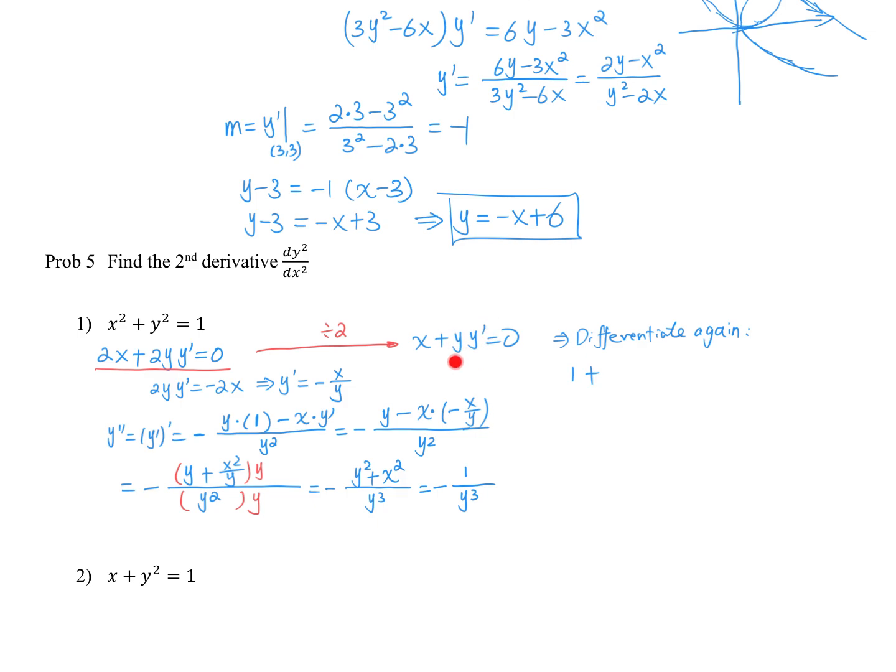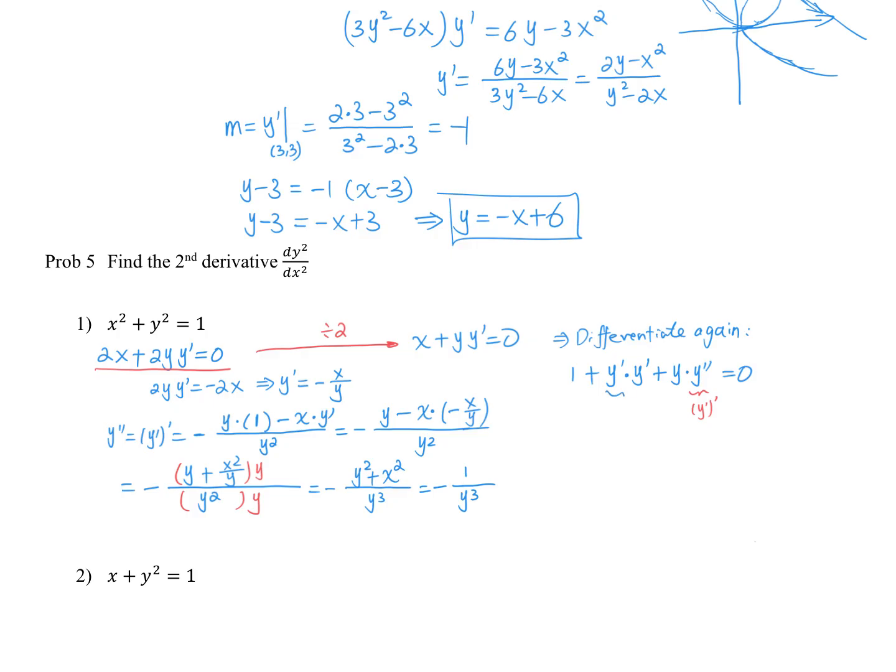So it will be the derivative of y, which is y prime, times the second function, which is y prime, plus the first function, which is y, times the derivative of the second function. The derivative of y prime is y double prime. The right hand side is 0. Because we want to solve for y double prime, let's solve for that. And here we have y prime squared.